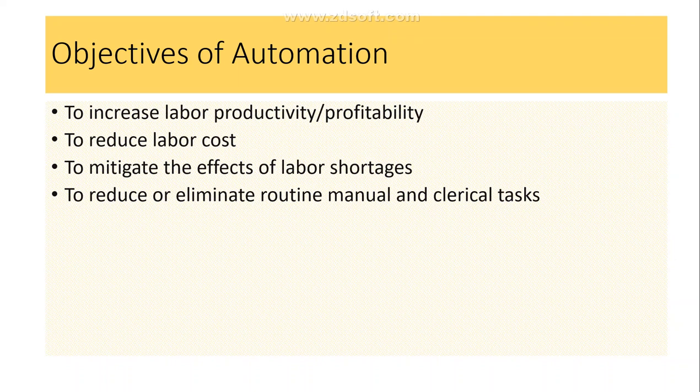Nowadays we have computerized software such as Tally. Account maintenance is replaced; you just make an entry and it fits into the respective entries. In the same way, in production, automation helps mitigate clerical tasks, which are cost oriented, because any clerical or routine manual task has to be paid.